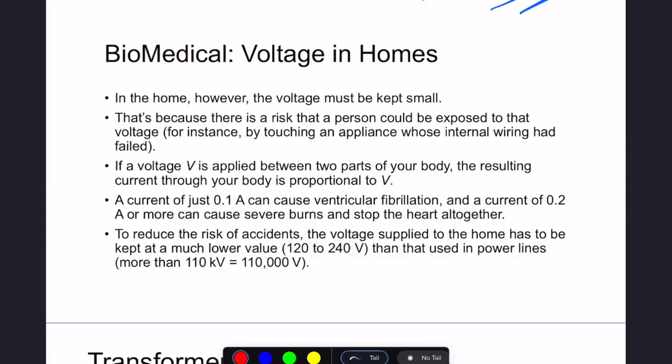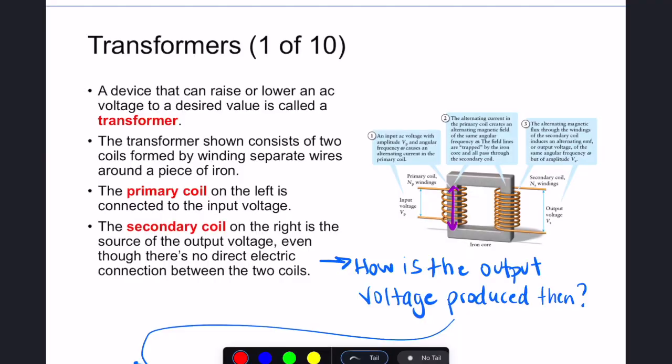You can probably pronounce that word way better than me. So in order to reduce the risk of accidents, we must step down that voltage of roughly 100,000 volts in the power lines to 100 or so. Transformers are how we do that.